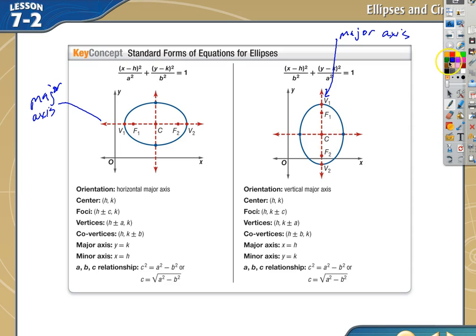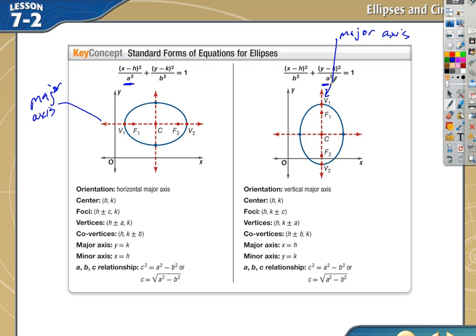So let's talk about the formula itself. Notice right here it has a squared under the x's and a squared here under the y's. Why did it change?